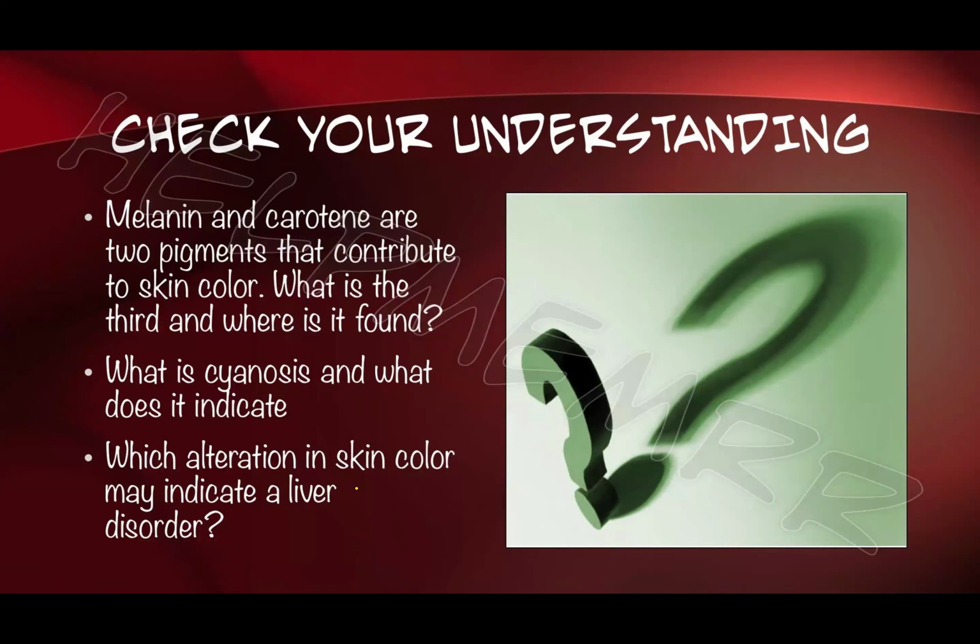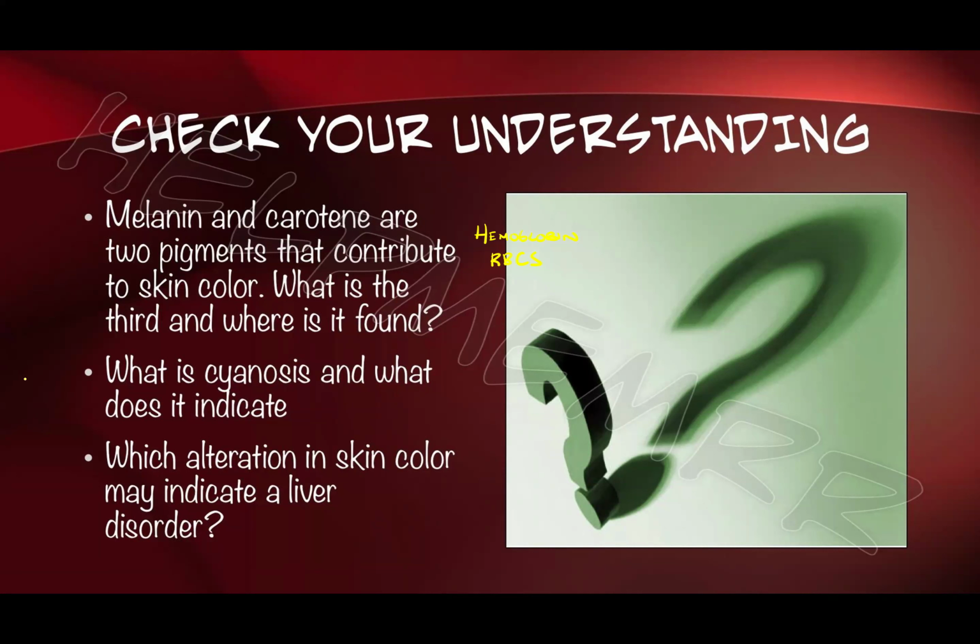So melanin and keratin are two pigments that contribute to skin color. What's the third and where is it found? Well, the third is hemoglobin. That's found in your red blood cells. Remember that melanin's the only one that's really produced in the body.